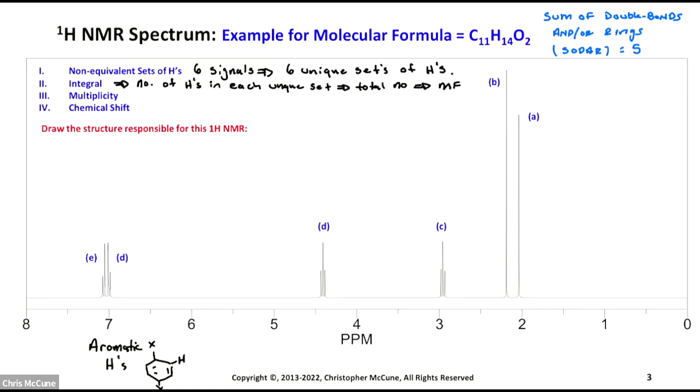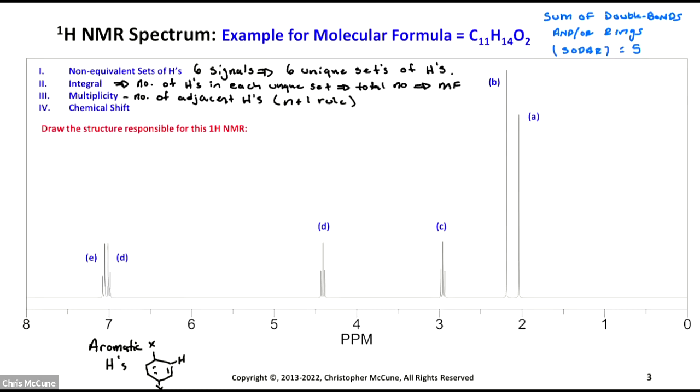So the multiplicity, this tells you about the number of adjacent H's. And so we're going to use the N+1 rule for simple systems. When you start getting stereocenters involved, then the N+1 rule becomes a little bit more complex.